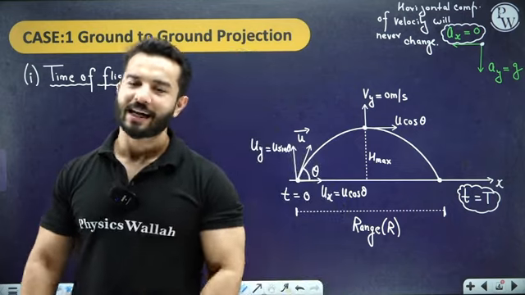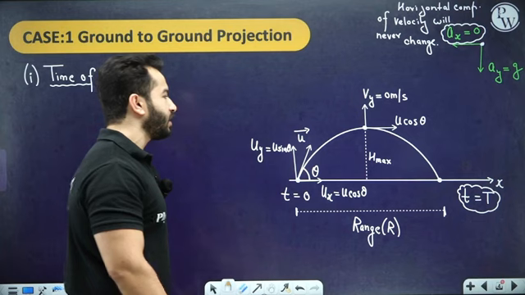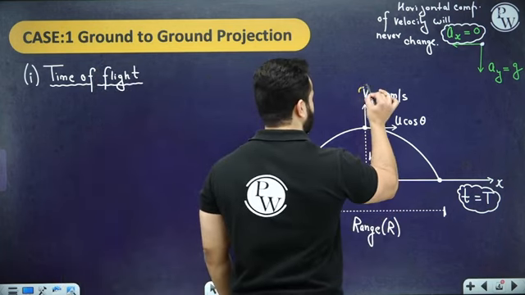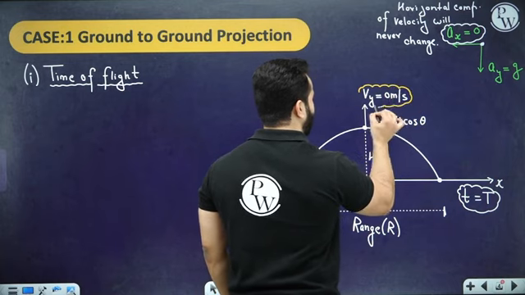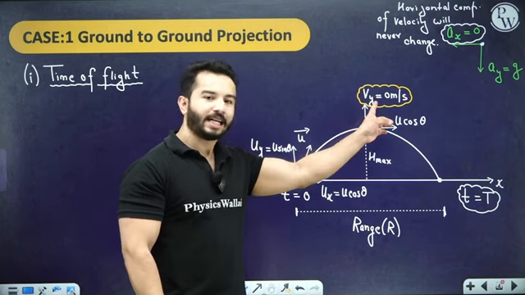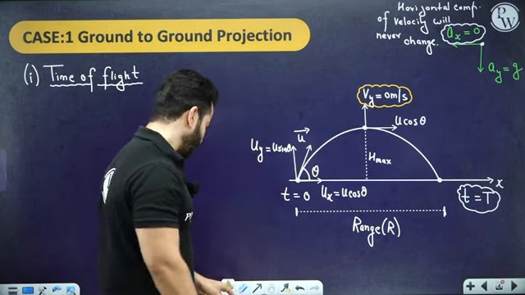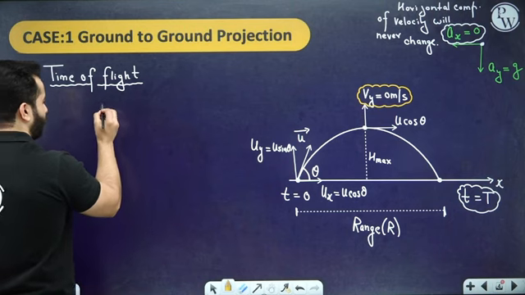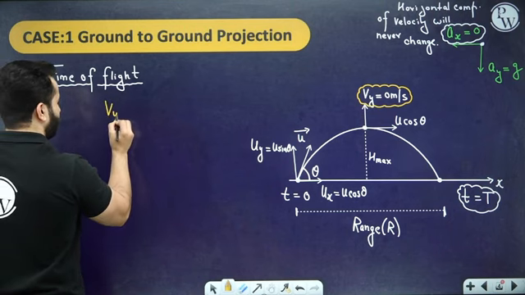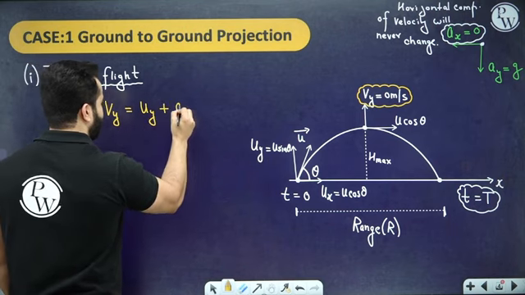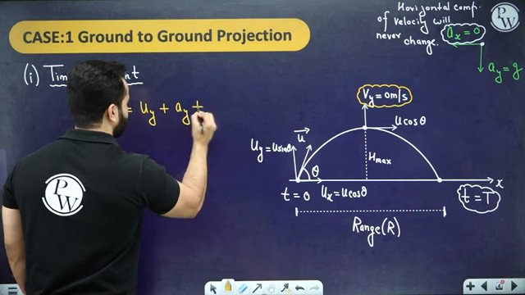We are going to calculate it using a very good example from one-dimensional motion: the time taken by the particle to reach from this point to this point. Let's calculate that time. And mind you, we are going to calculate it using the first equation, Vy equals Uy plus Ay into t, right?